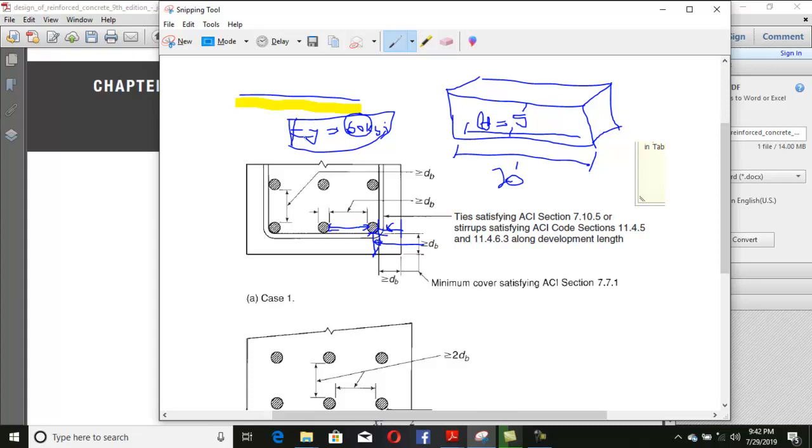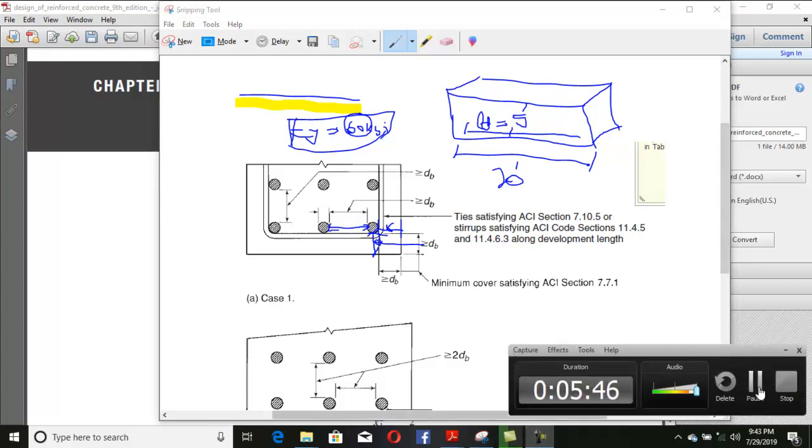It is very important. If you don't provide this 5 feet length, your design stress of that steel would not be developed, and as a result your beam will be bent, will fail, anything can happen. So from that point of view, it is very important. As a civil engineer, you must know about the development length.